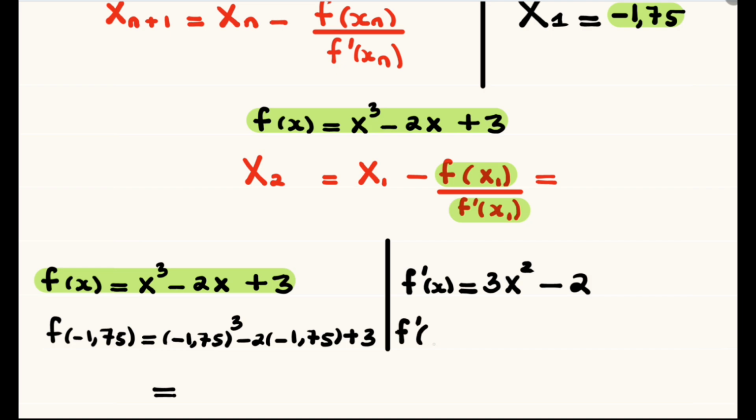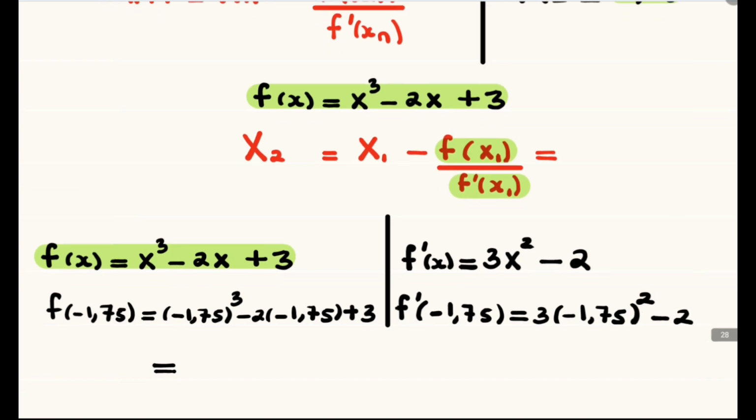So the f prime of negative 1,75 will be equal to 3 multiplied by negative 1,75 raised to the power 2 minus 2.